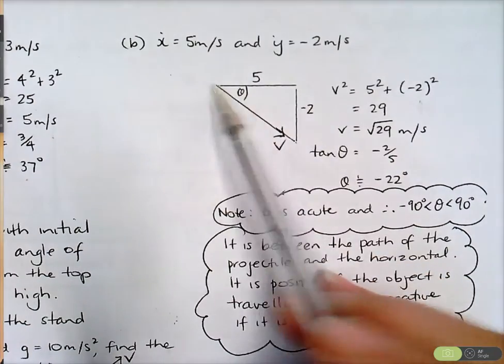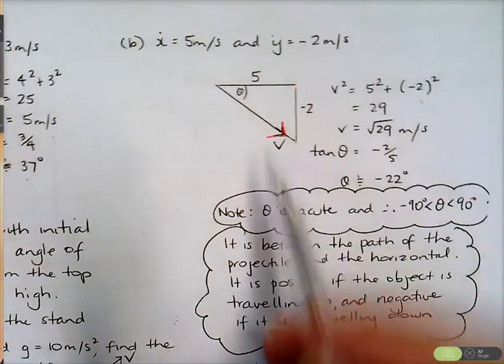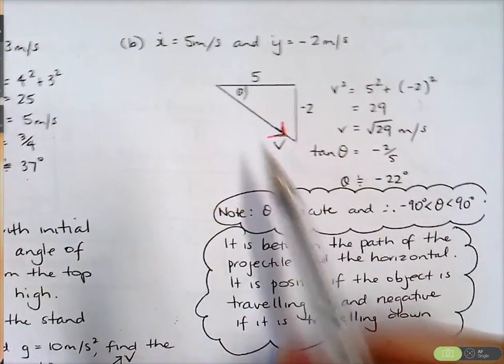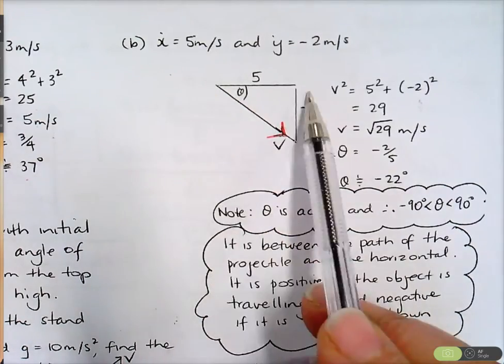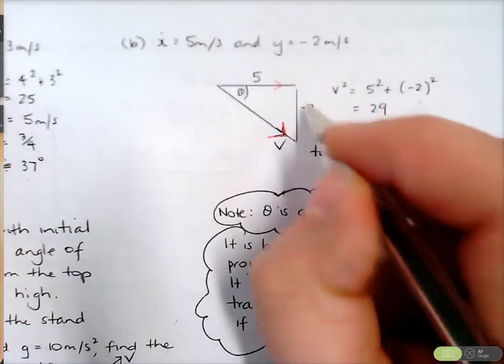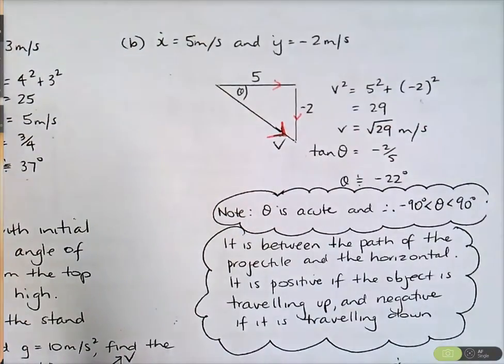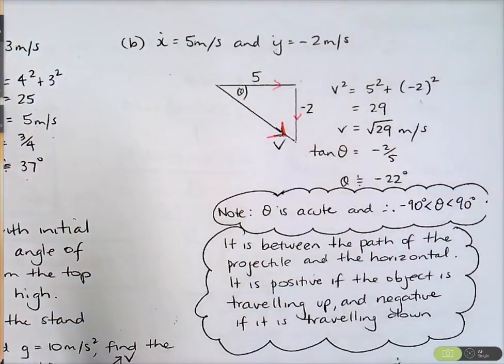Now, girls, this particle here would be hitting the ground. It's on its way down to hit the ground, okay? So, horizontal component of velocity is 5, so that's going to the right. Vertical component of velocity is negative 2, so that's going down, all right? So 5 means to the right. Negative 2 means down.